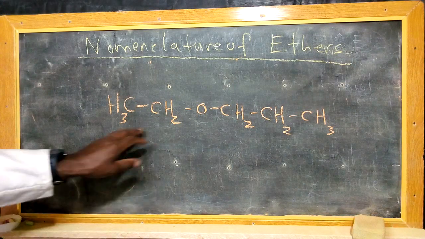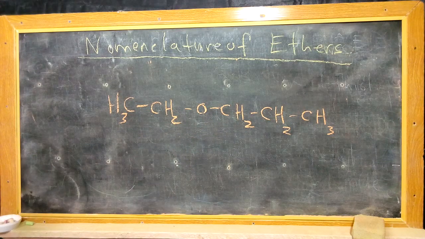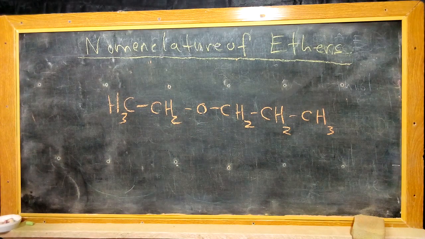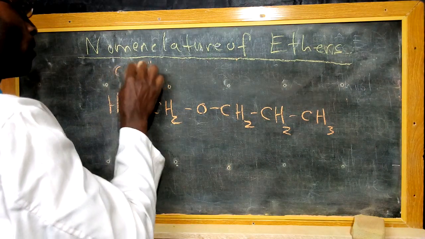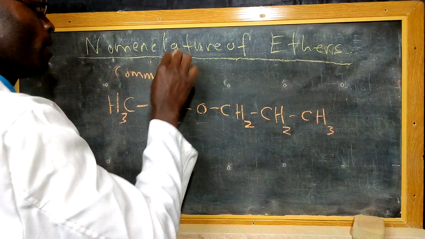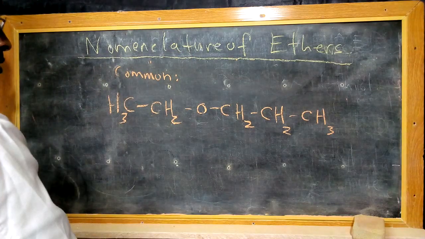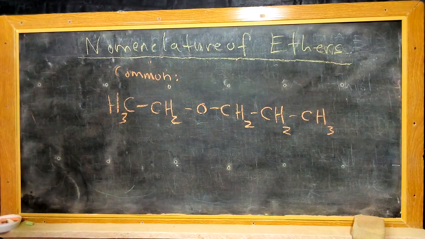I am separating this so that you can follow it well. So we have that particular member of the group. Suppose we had that member, let's see the common name that will attach to it.